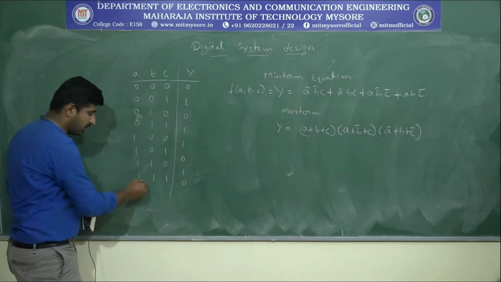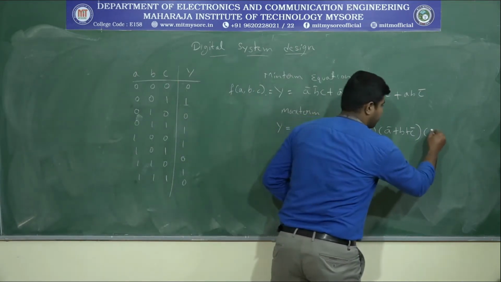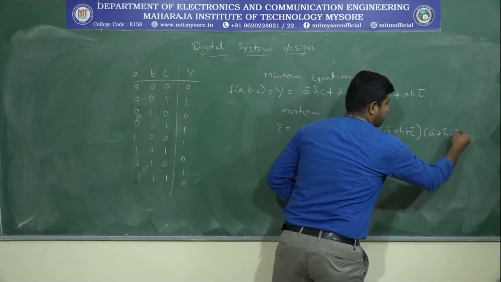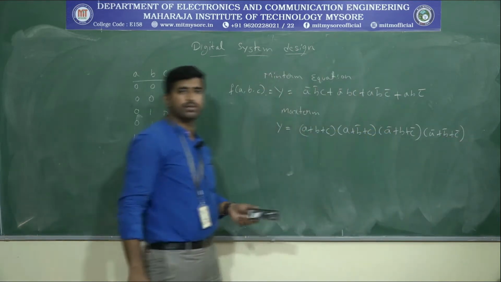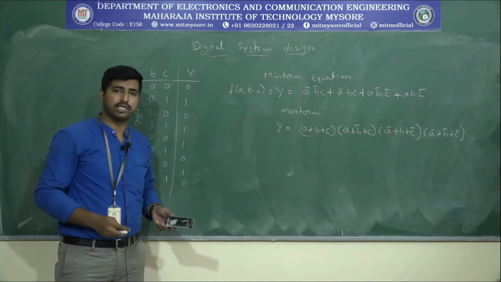One more 0, 1, 1, 1, that is corresponding to A bar plus B bar plus C bar. So we could write the min term equation and the max term equation.